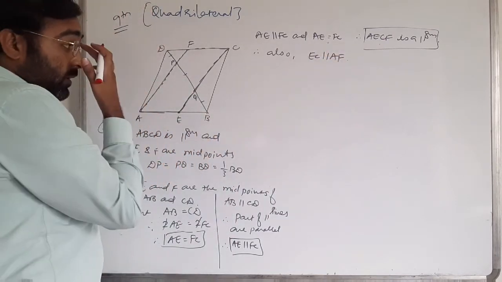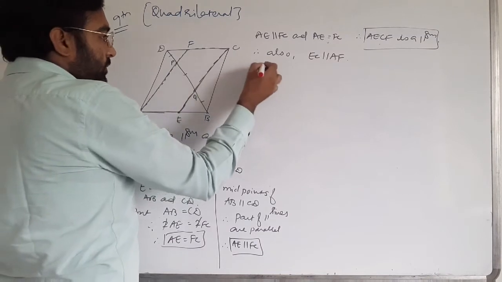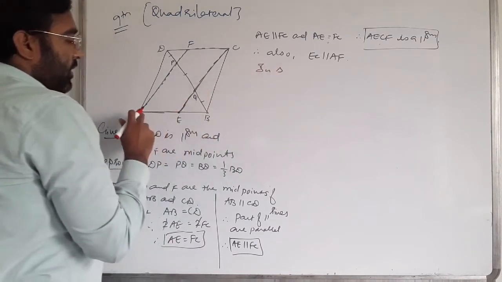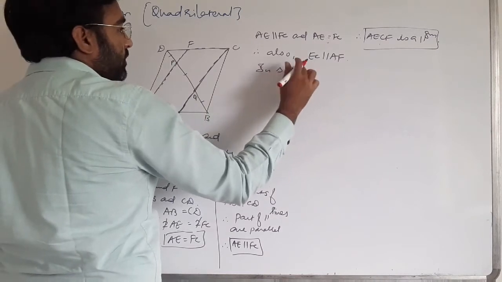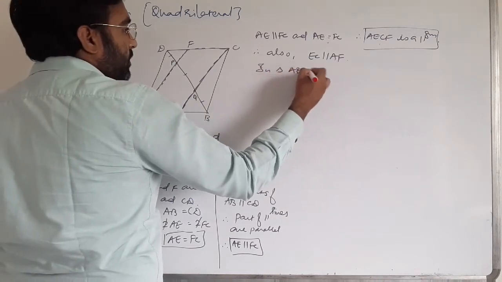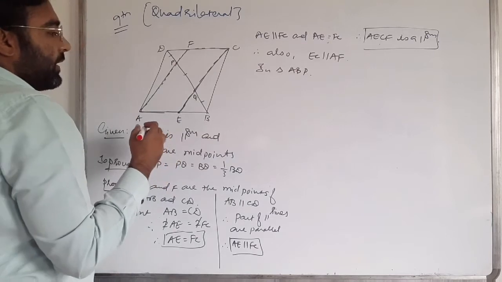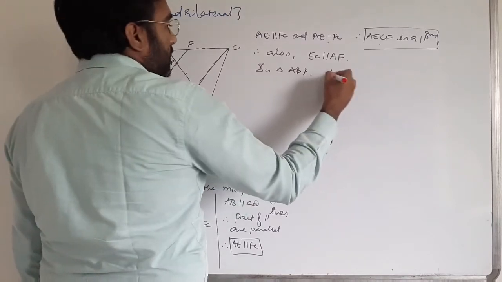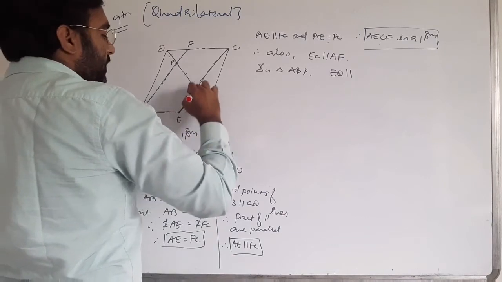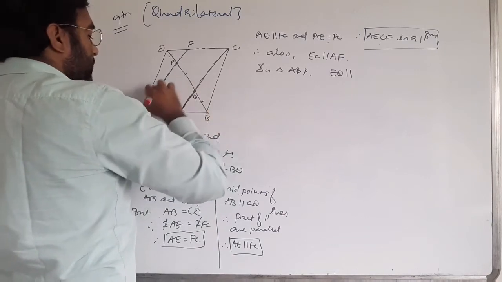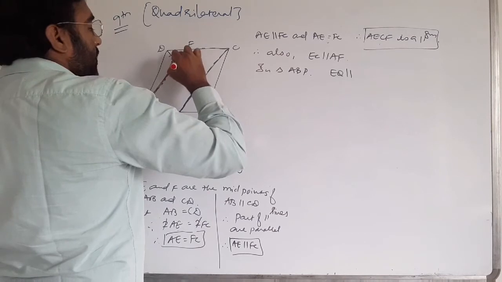Okay, now in triangle ABP, EQ, that is this part of the line, is parallel to AP.